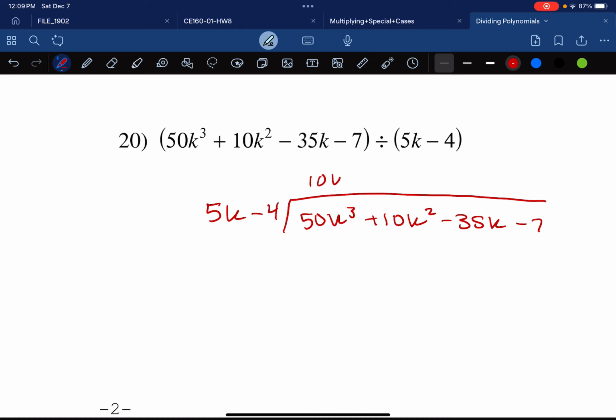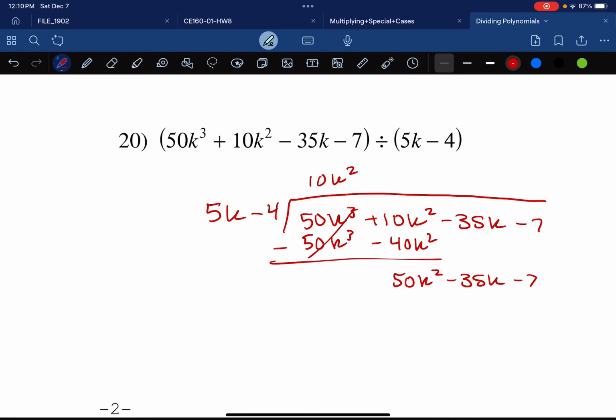So 10k squared times 5k is going to give us our 50k to the third. 10k squared times negative 4 is going to give us negative 40k squared. When we subtract that, that disappears. We're saying 10k squared minus a negative 40k squared, which is a plus. So we get 50k squared minus 35k minus 7.